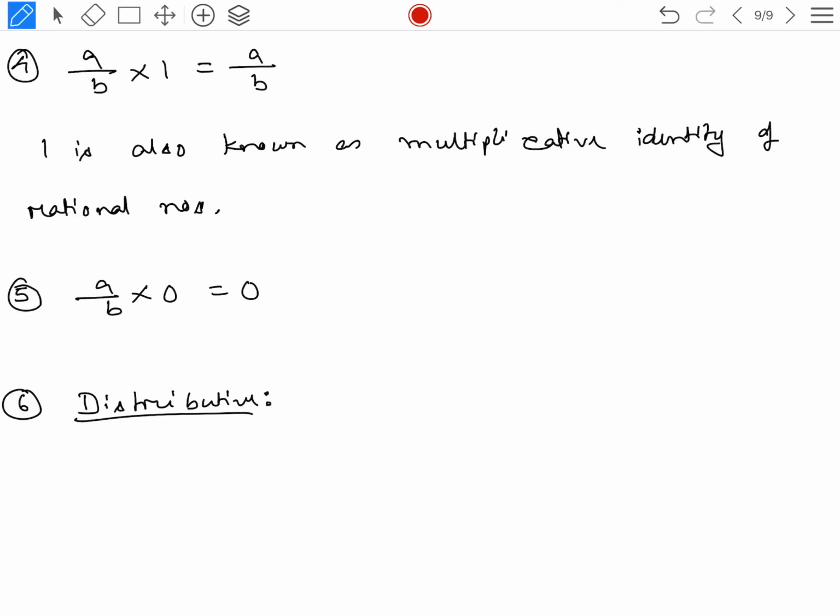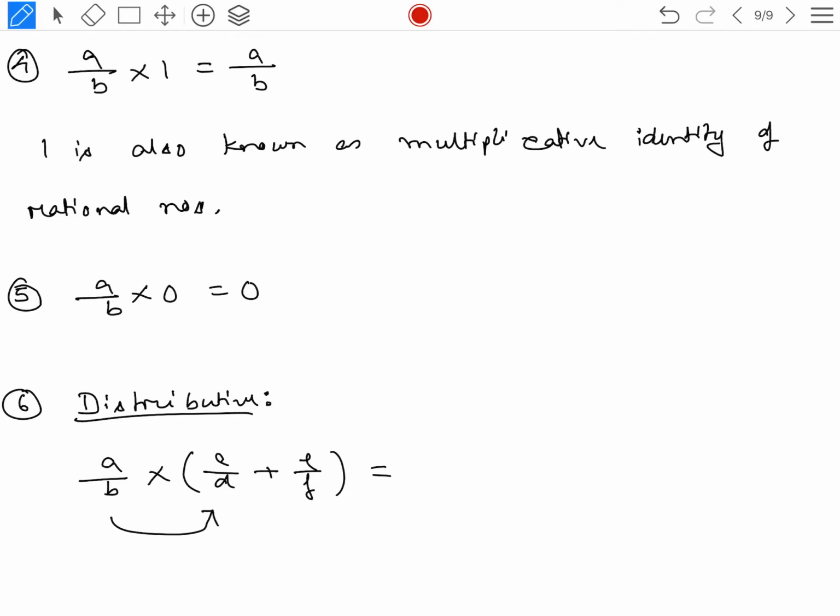According to this property, if a by b, c by d and e by f are three rational numbers, then in case of addition, a by b into (c by d plus e by f) can be distributed.